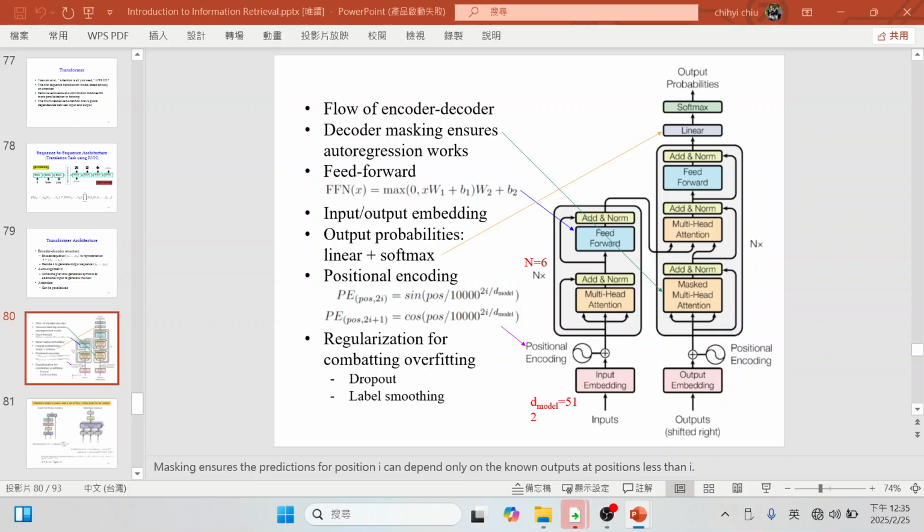So in the decoder, I will use my result as the output.